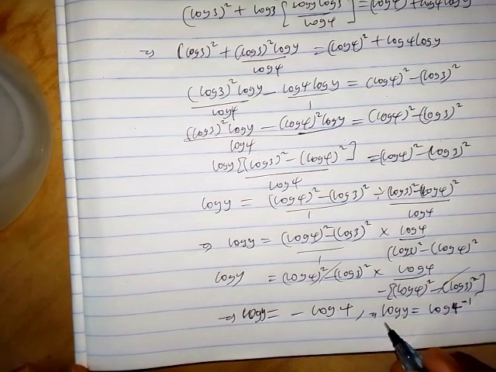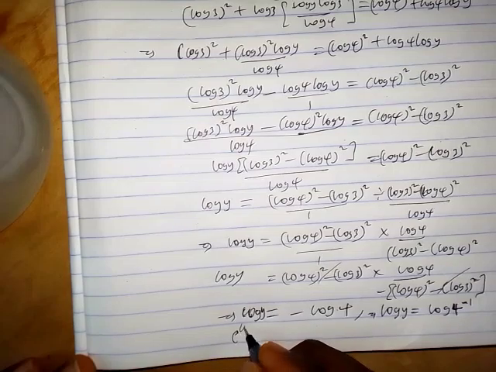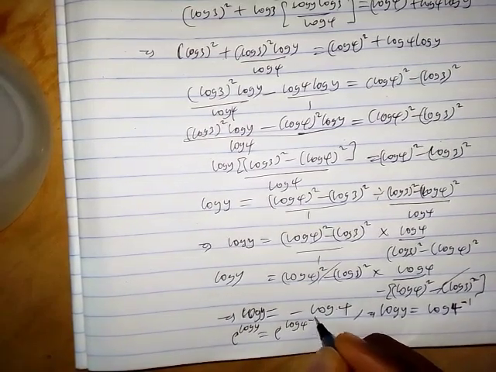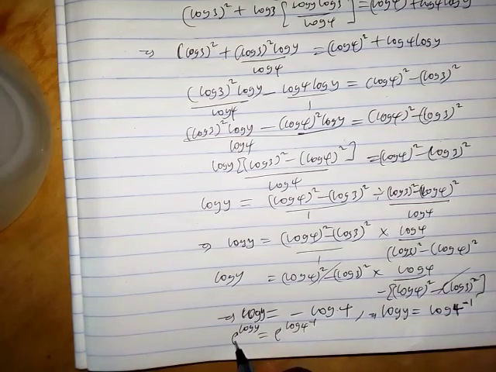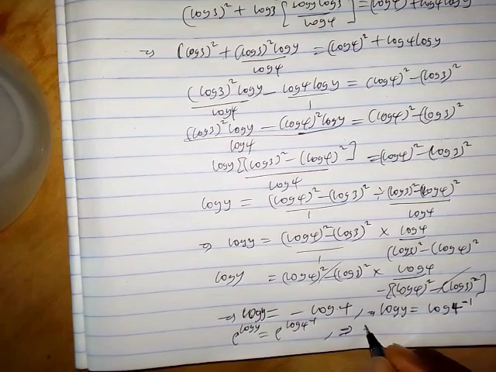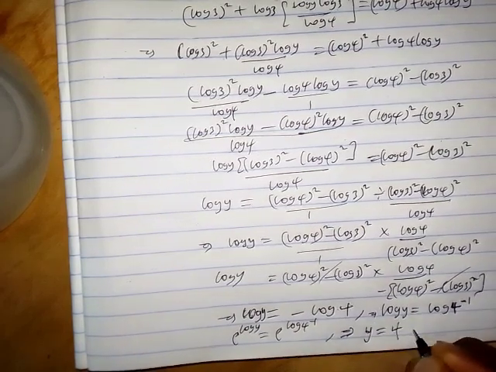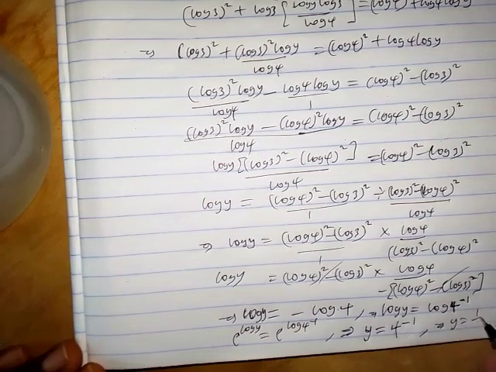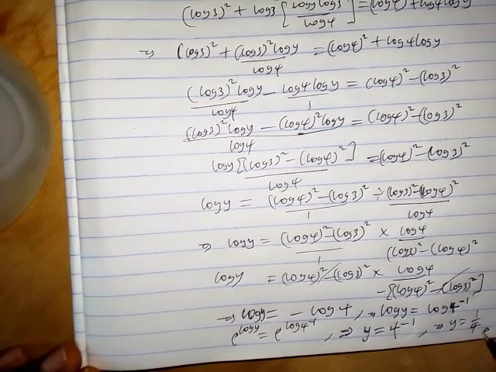When we take the exponential of both sides, exponential of log y equals exponential of log 4 raised to power minus 1, and the exponential acts as identity. So y equals 4 raised to power minus 1, which is the same thing as y equals 1 over 4. So this is the value of y.